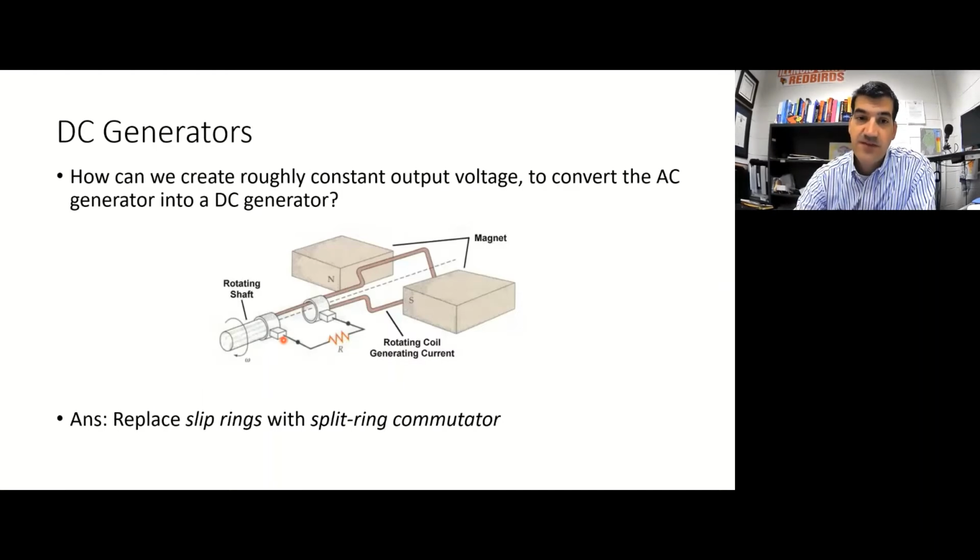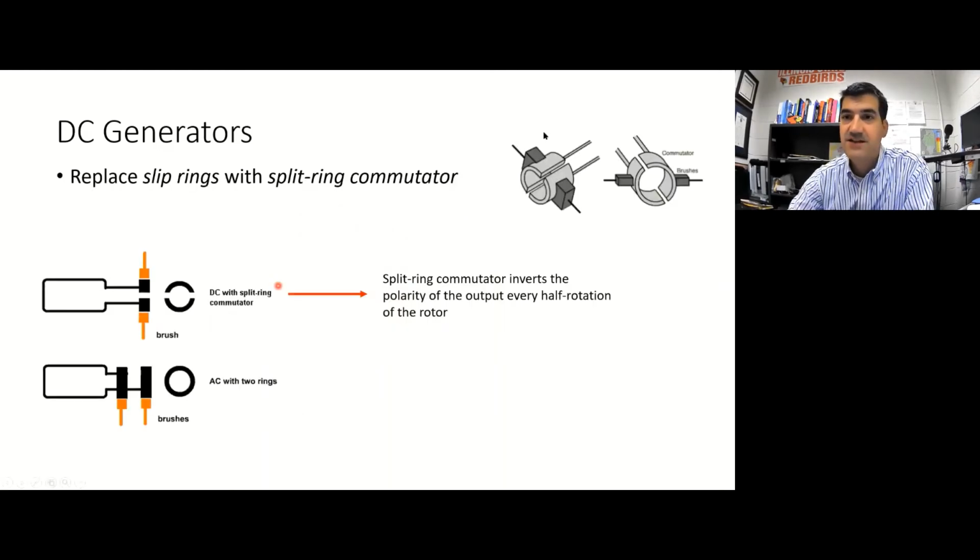What you have to do is you replace these slip rings right here and here with something called a split ring commutator. What that looks like, I think the best picture is actually up here. Remember before we had one side of the armature connected to one slip ring and a brush riding on that, and the other side of the armature was riding on a different slip ring and a brush was riding on that.